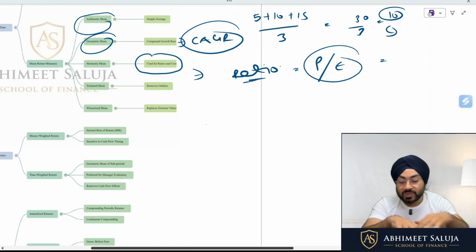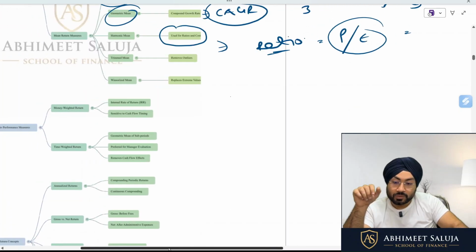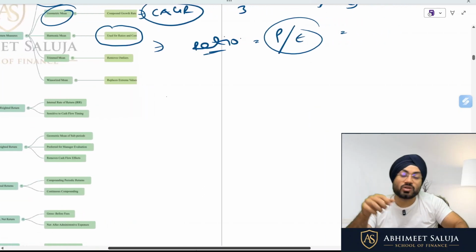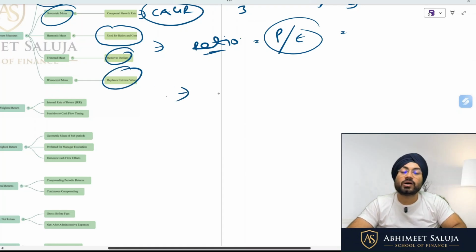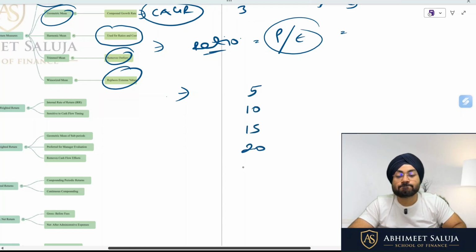Trimmed mean and winsorized mean. So now let's move ahead to trimmed mean and winsorized mean. What are they? Whenever you have an outlier in the data, we use trimmed mean and winsorized mean. Suppose the data is 5, 10, 15, 20 and 2000.